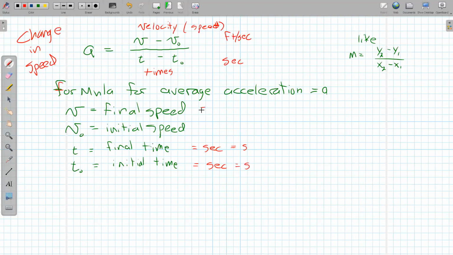And the speed, we're going to measure in feet per second, which is sometimes just written as FT for feet over S for second. The interesting thing up here in the formula is if you take feet per second and divide by seconds, then for your acceleration, your units are feet per second, which is sometimes written as feet per second squared.